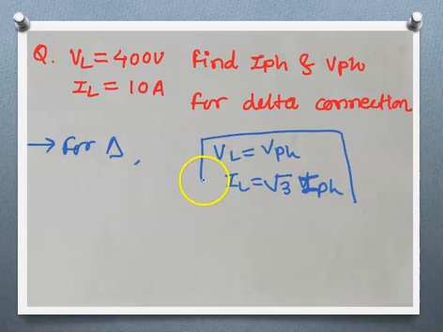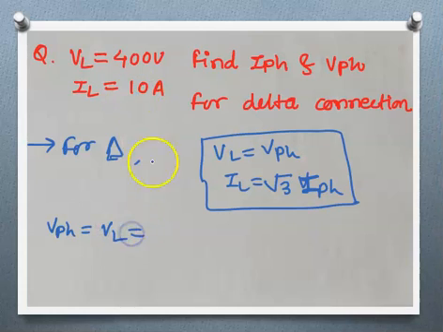We have discussed these two equations. Now we are using these two equations to find IPH and VPH. First, directly we can say VPH equals VL, and VL is given as 400. So the required value of VPH will be 400 volt.